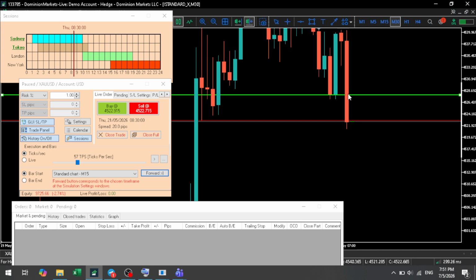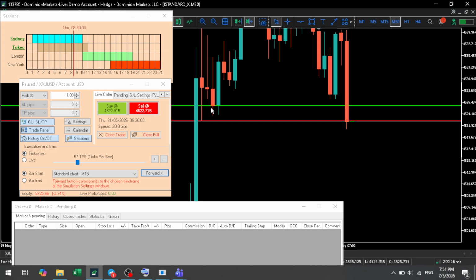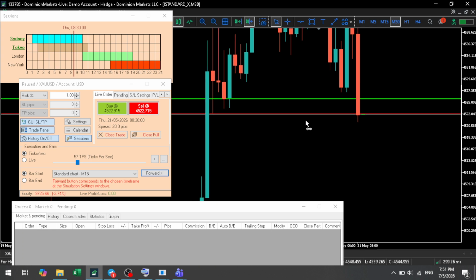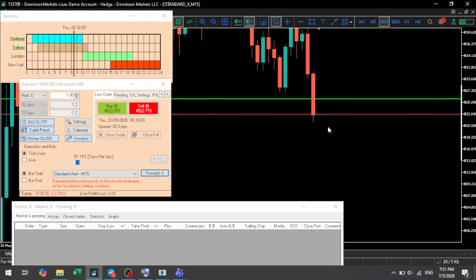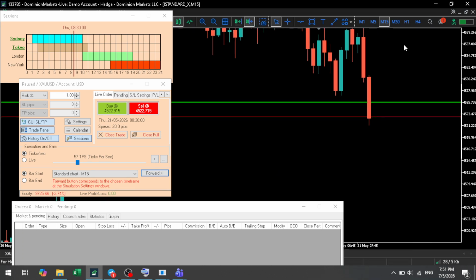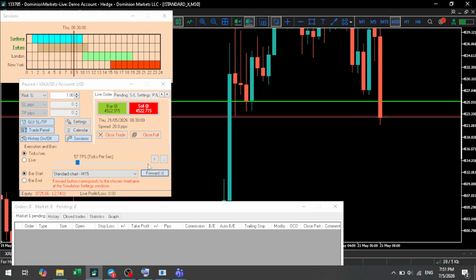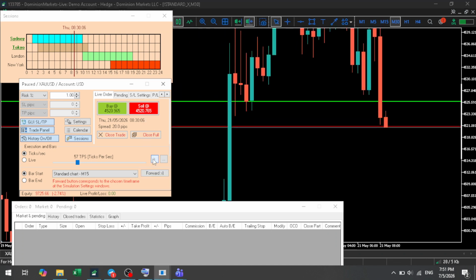Okay, 30-minute candle closed below this, and now we are looking for a retracement in form of a rejection candle, or maybe the price will wake up, break the previous candle's low and push down. Let's see what kind of scenario is presenting here.